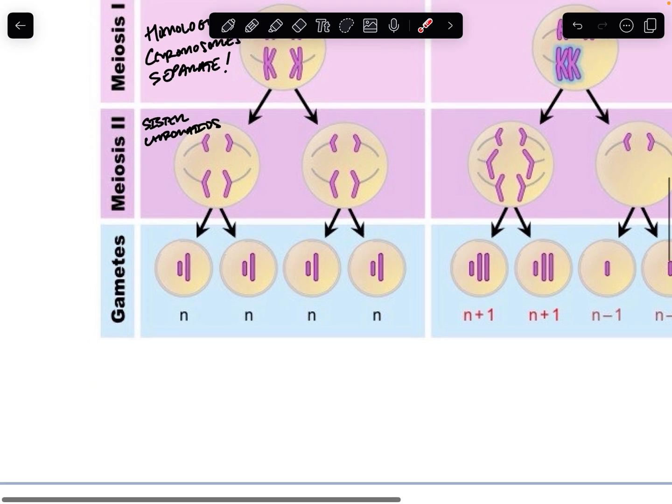And then you produce 4 gametes, each with the total chromosome number of N. So this is called a haploid cell.